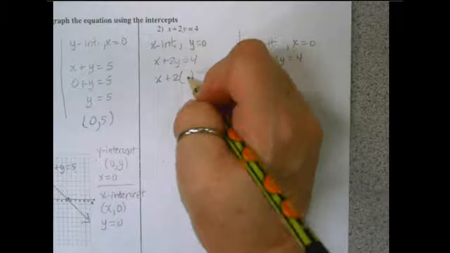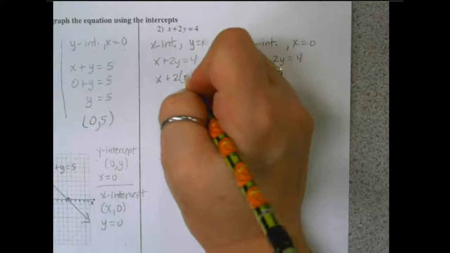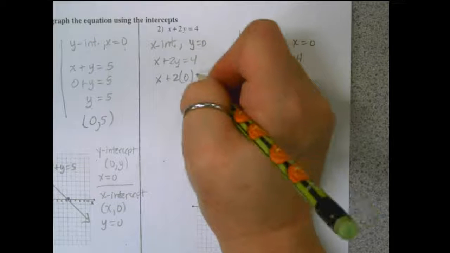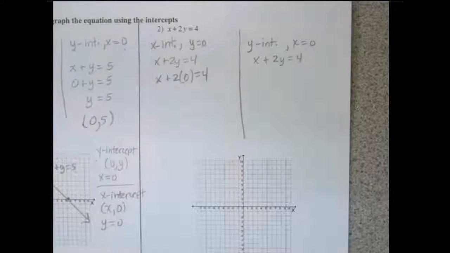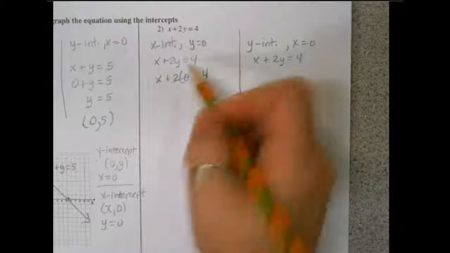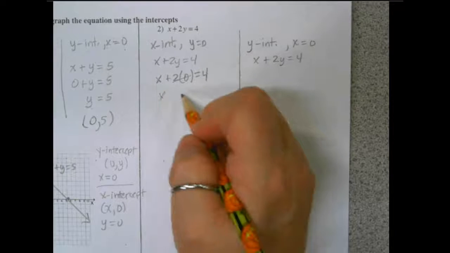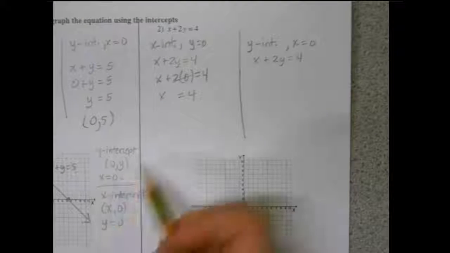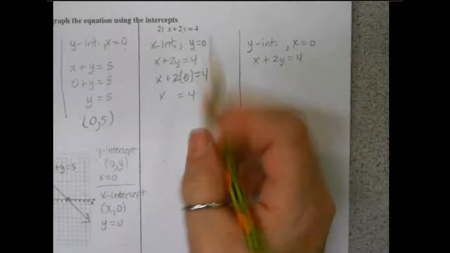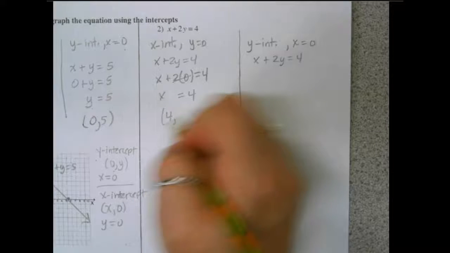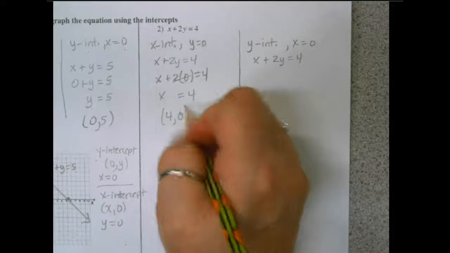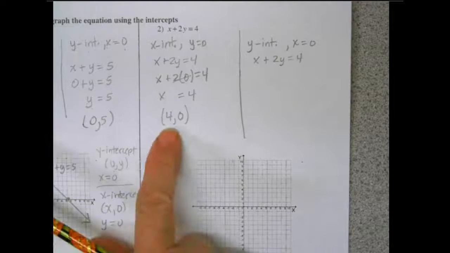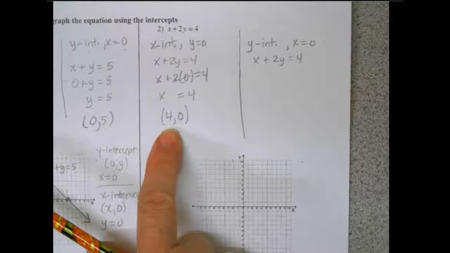Instead of y, I'm going to put 0, and then bring down my equation, equals 4. This becomes 0, right? So x is equal to 4. So y is 0, my value for x is 4, and there's my ordered pair, not my equation, my ordered pair for this side.